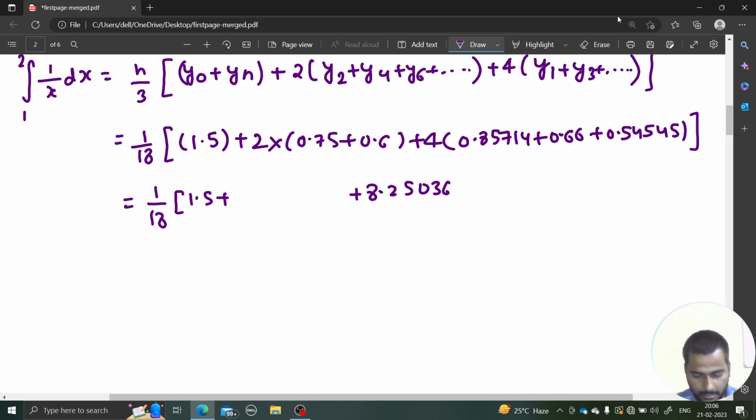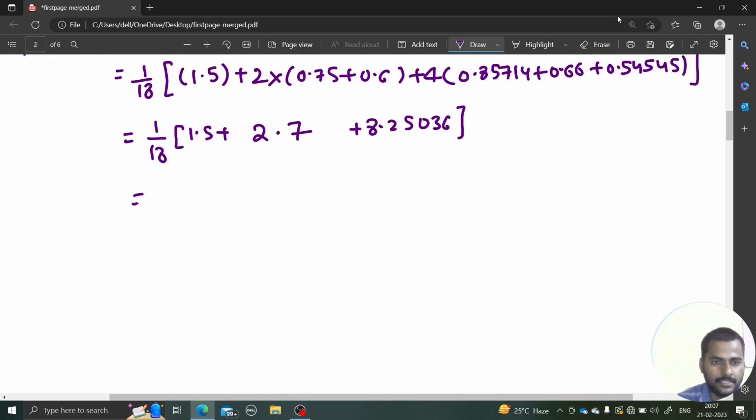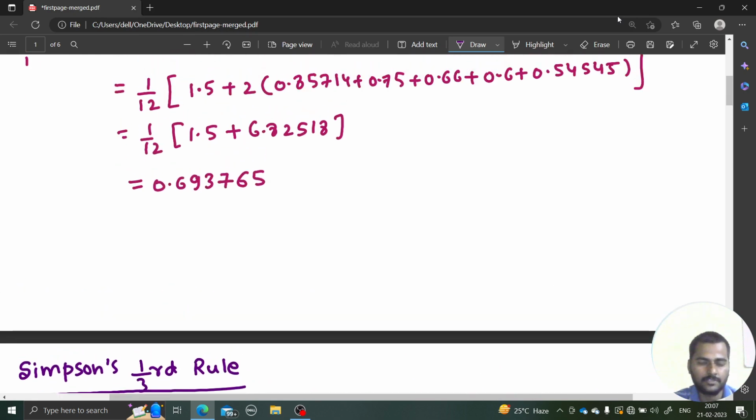This is nothing but 2.7. Okay, so finally I have 1 by 18 times 1.5 plus 2.7 plus 8.25036, and this value I'm getting is 0.69168.